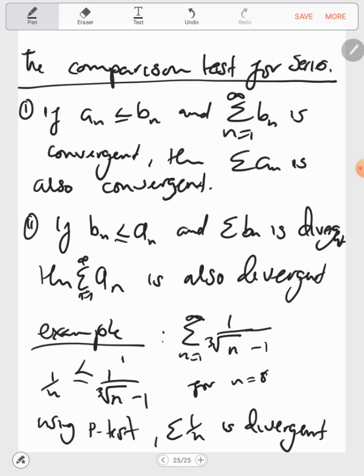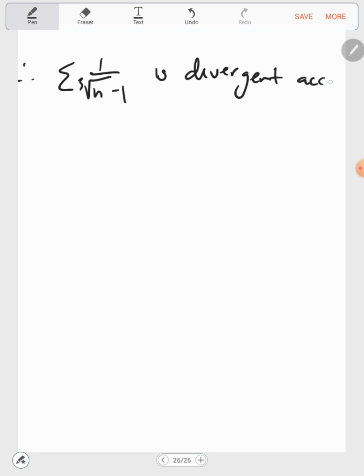If the smaller function is divergent, it just means that the series 1 over the cube root of n minus 1 is divergent, or I can say, using the comparison test.